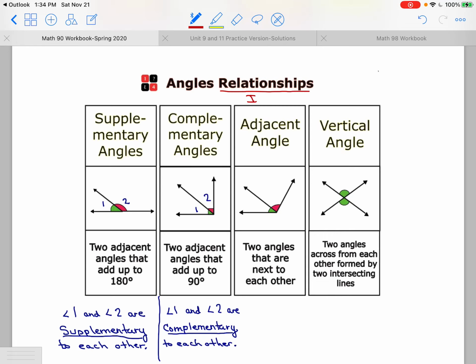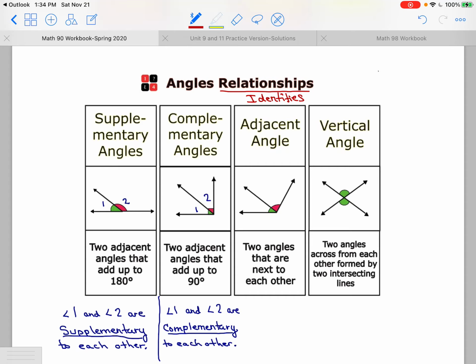You guys are going to be working a lot with this idea of angle or geometry identities or properties or relationships. And they're very helpful. If we know how these angles relate to each other, then we can find the missing angles because we know the relationship between 2 or 3 or 4 angles.